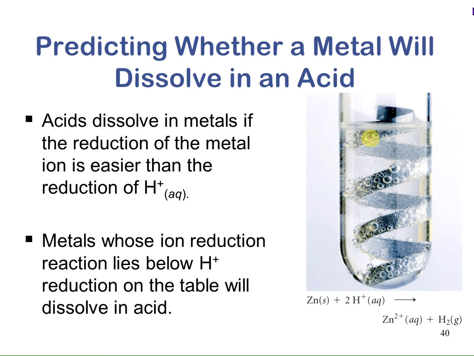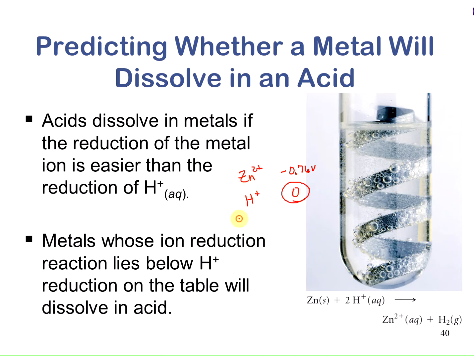Remember we said that the zinc reduction potential was minus 0.76 volts, and the proton reduction potential was defined as 0. Since this is the larger value, the protons will be reduced. If the protons are being reduced, then the zinc has to be oxidized.